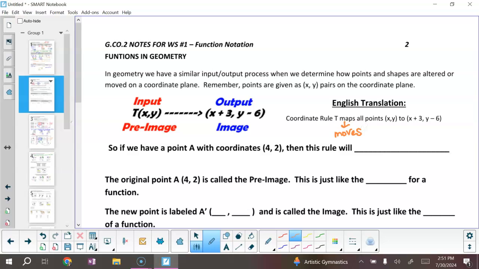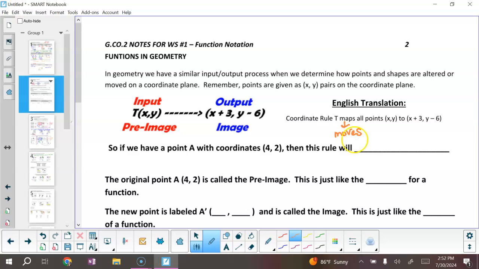So for example, if we have point A that has the coordinates 4, 2, then what this rule is going to do, if we're doing x plus 3, so 4 plus 3, would be 7. That's going to move your point to the right because we're increasing its value on the x.